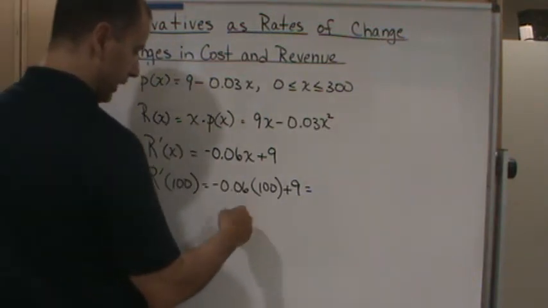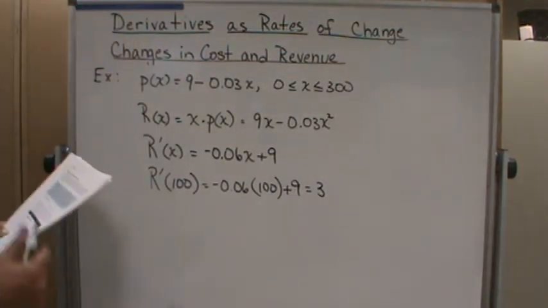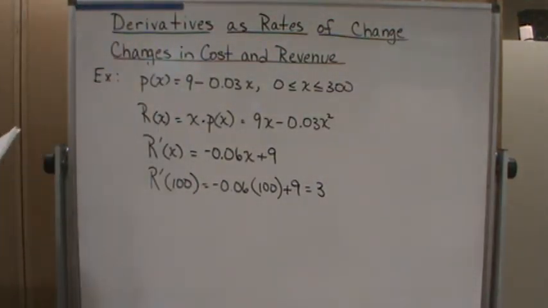So this would be equal to negative 6 plus 9, which is 3. So the marginal revenue that we're getting is equal to 3. Okay? So this would be the revenue obtained from the sale of the 101st dinner. Now, since the marginal revenue is equal to 3, the revenue obtained from the sale of the 101st dinner is approximately $3.